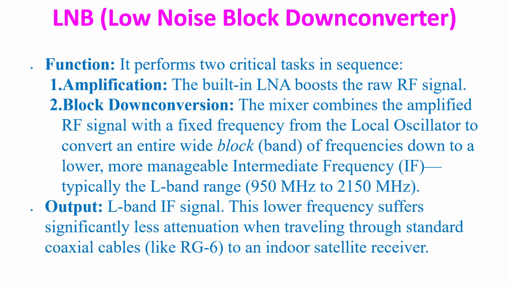Output is L band IF signal. This lower frequency suffers significantly less attenuation when traveling through standard coaxial cables like RG6 to an indoor satellite receiver. It is the standard consumer hardware found on almost all residential TV dishes and standard VSAT terminals.